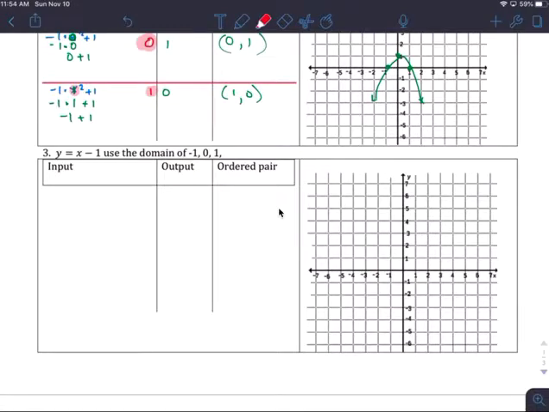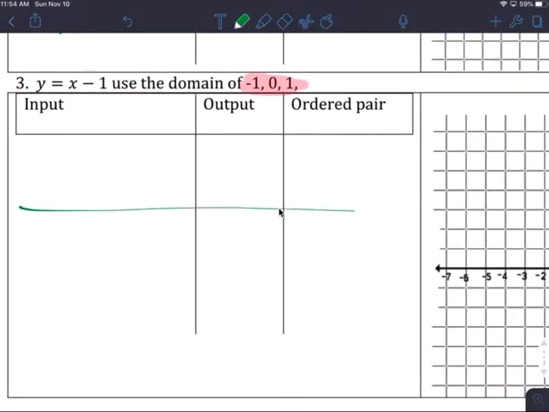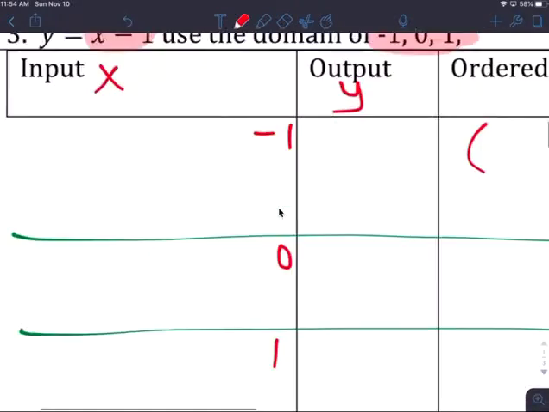Here, the same thing. Three words. Okay? So 1, 2, and 3. Your first one is -1, 0, 1. And your problem is this. Domain is x and range is y. Your ordered pair. Okay, x comma y.